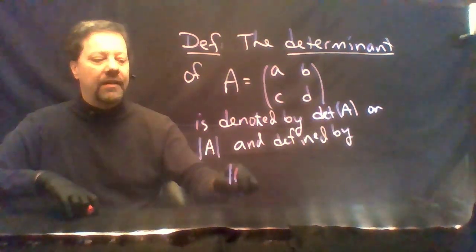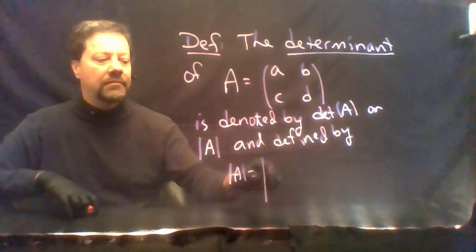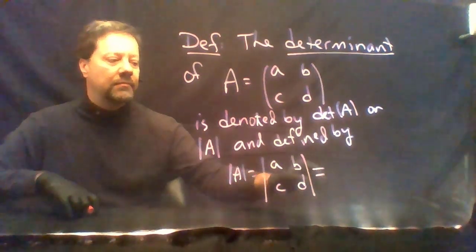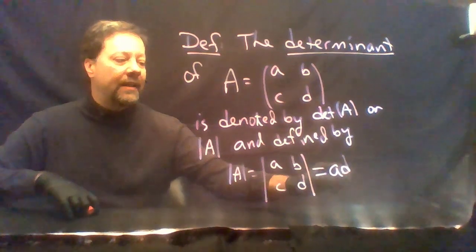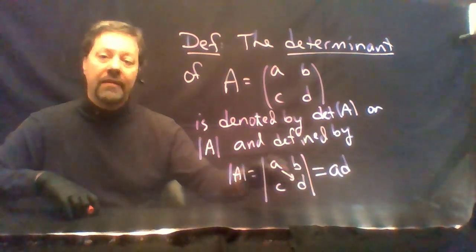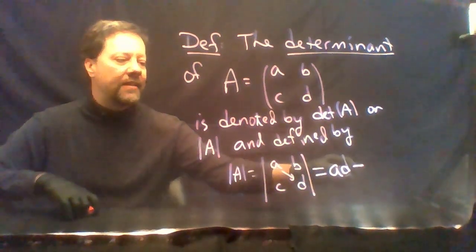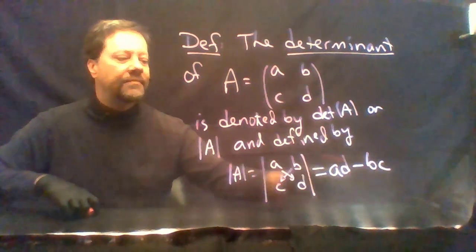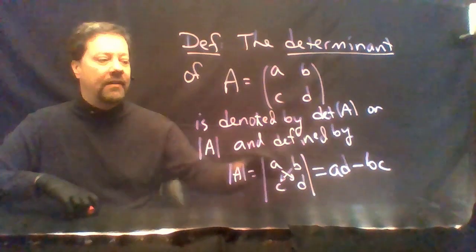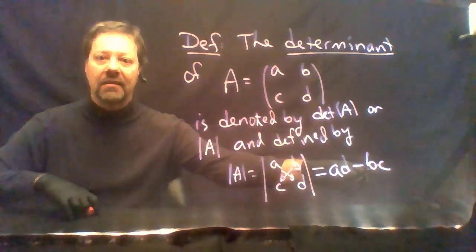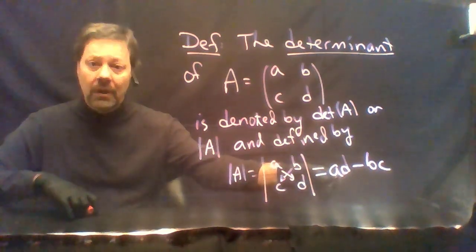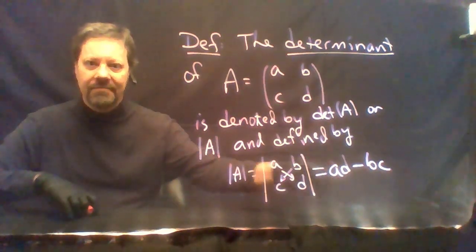It's defined as follows. You multiply down the main diagonal and then subtract the product going the other way. You end up with a real number, a scalar. So when you calculate the determinant of a matrix, you will always end up with a scalar.